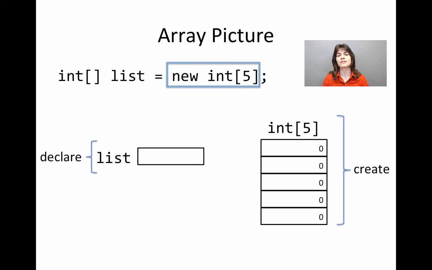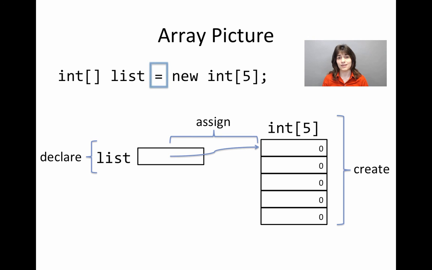So the second thing that happens, the creation of the array, all of the elements get the default value. Final step, the assignment operator. We make the list variable reference that particular array that we just created.